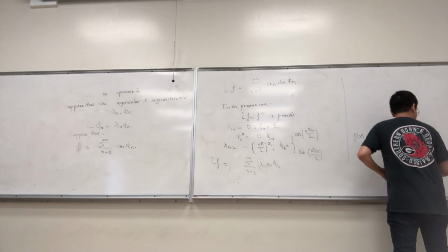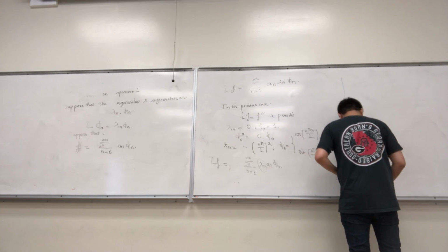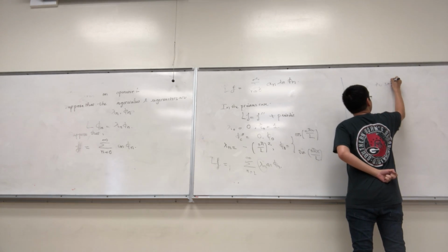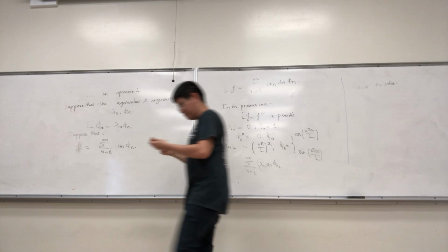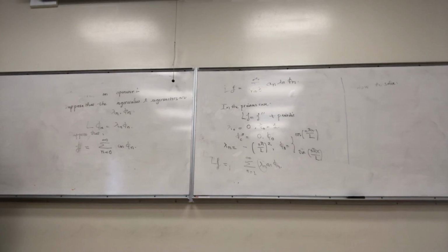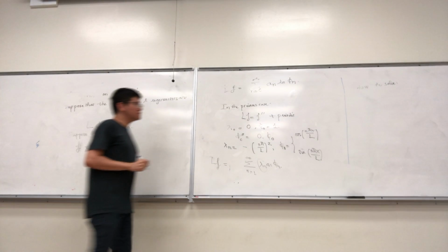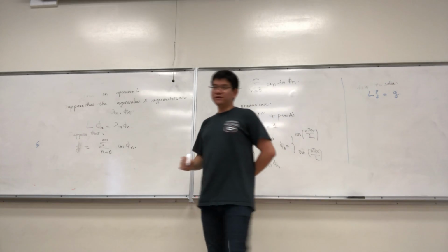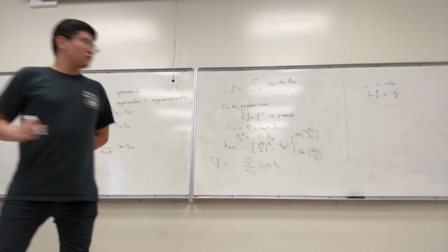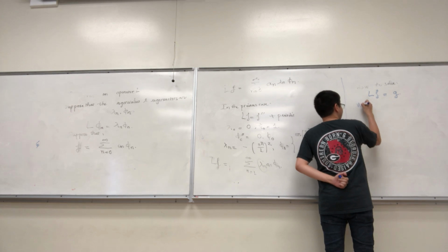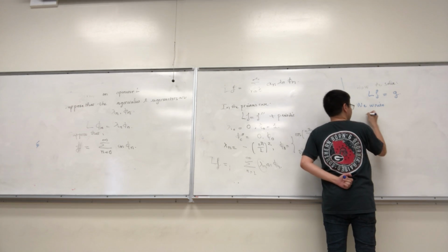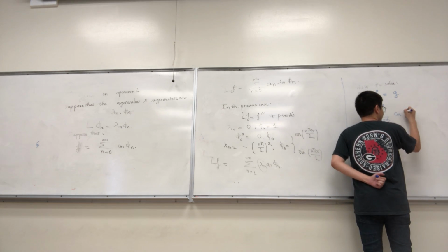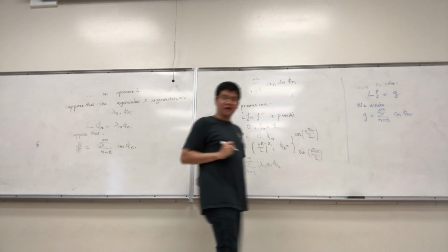So now, how to solve L of f equal to g? In order to solve L of f equal to g, you rewrite g as the sum of n going from 0 to infinity of Cn phi n, right?